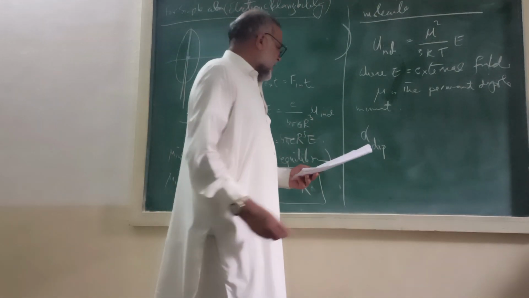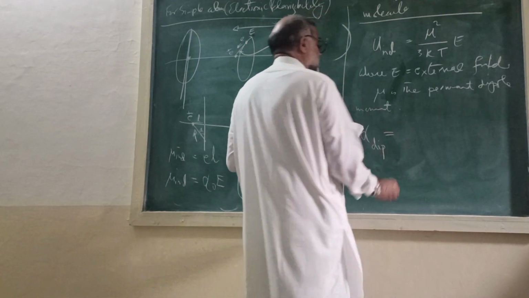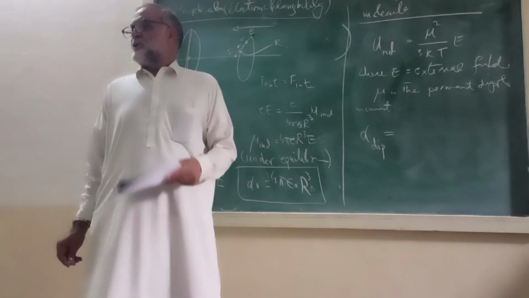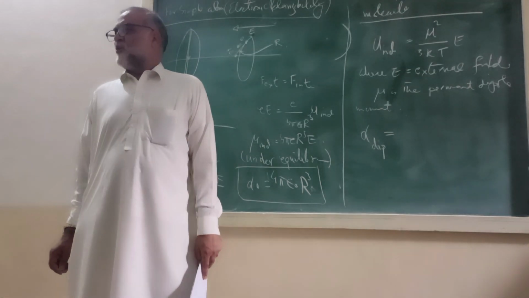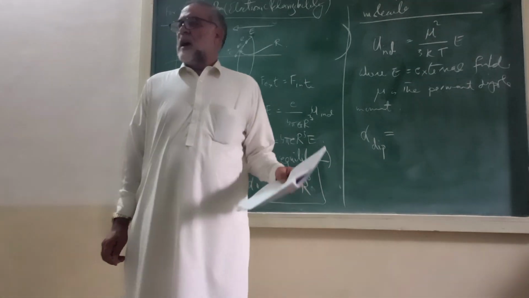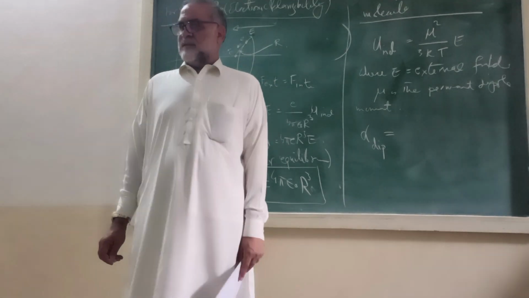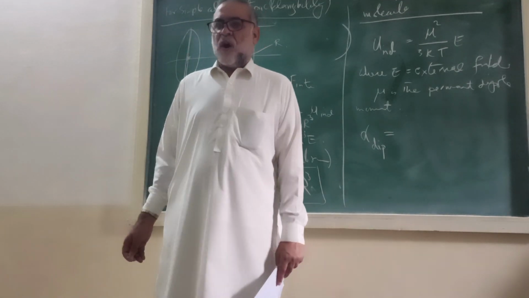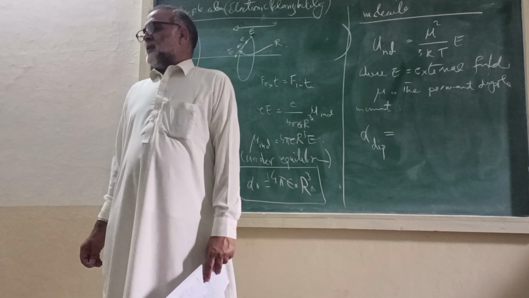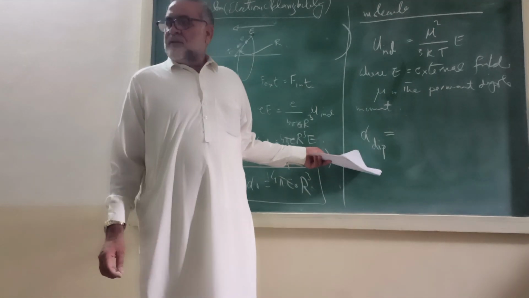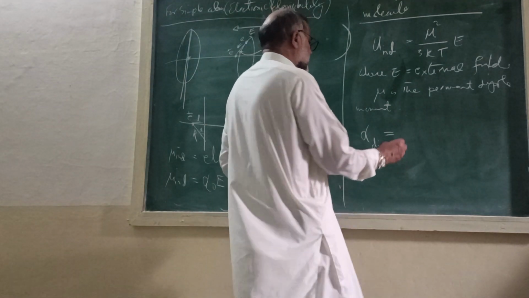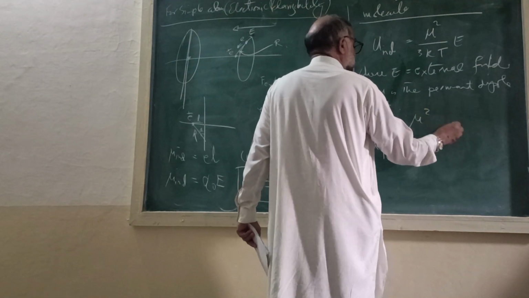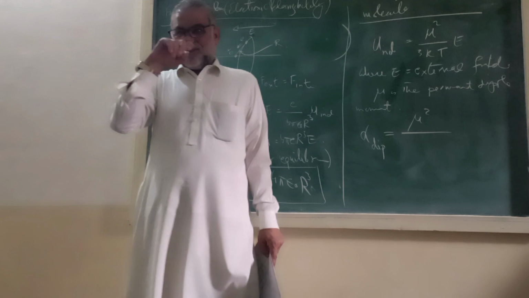So here the polarizability of a permanent polar molecule, for example water, will be equal to its own permanent dipole moment squared, divided by 3kT.